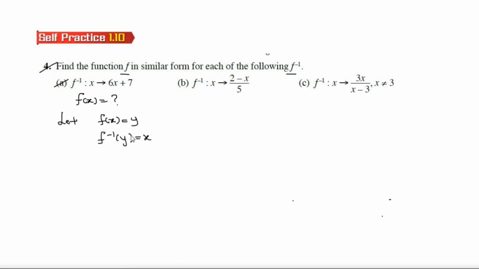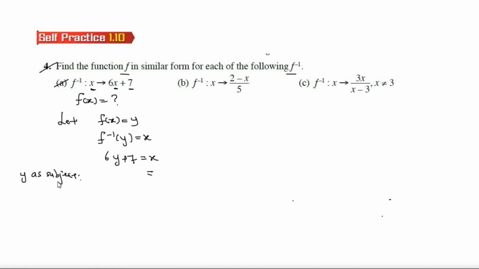That's how you start. Now given already f inverse x is equal to 6x plus 7, you can replace this x with y. So now our task is to make y the subject. We isolate the y term on one side.